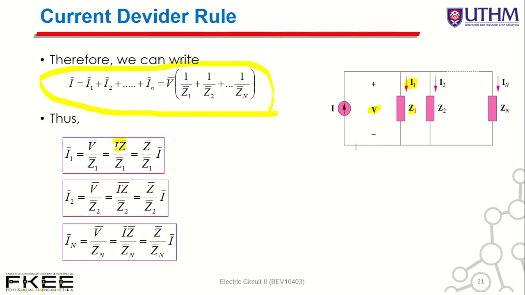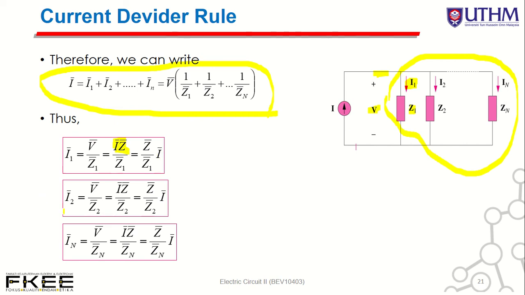V equal to I times total Z. Okay, so divided by Z1. So rearrange this equation. I1 equal to Z divided by Z1 times I, times total I.